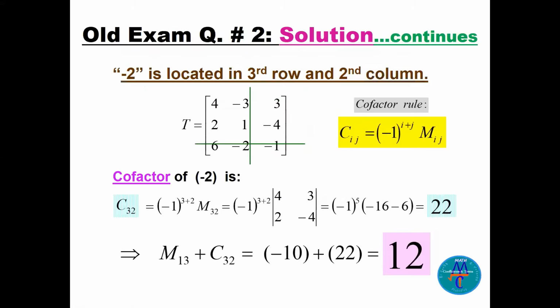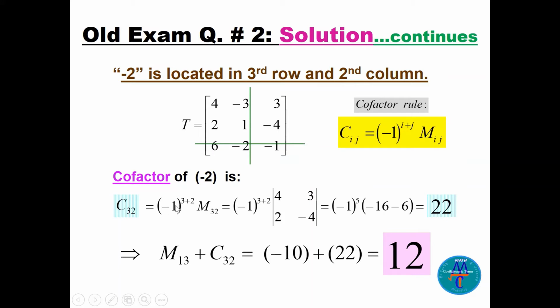Now to find the cofactor, capital C32, you have to use the formula here. There's a formula for the cofactor, you know that: minus 1 to the power i plus j times the minor of ij. So this is the third row, second column, the cofactor of this minus 2 there.